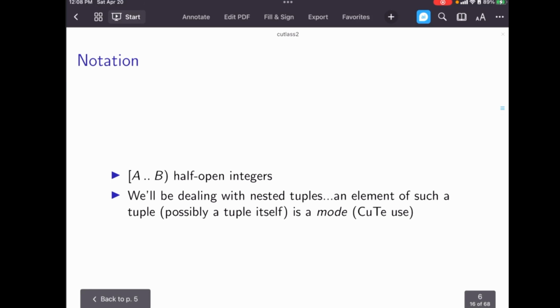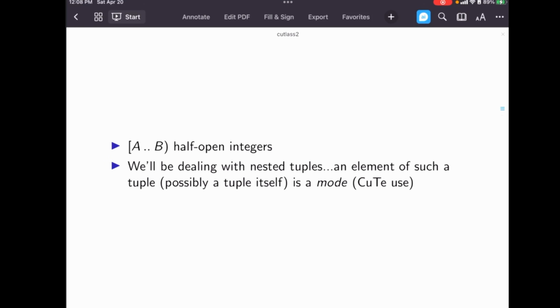So just a little notation clarification first of all. I'm using this Donald Knuth notation where it's the square bracket on the left, and then two integers separated by two periods. That's a half open interval of integers. And then there's this term called mode that comes up a lot in CuTe. CuTe is CUTLASS 3.0. That's just a term for the CUTLASS tensor notation, so that's what CuTe means.